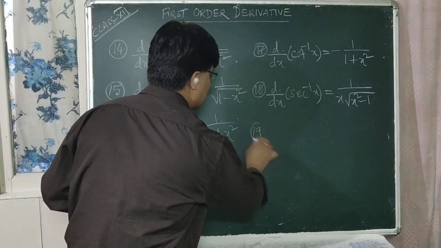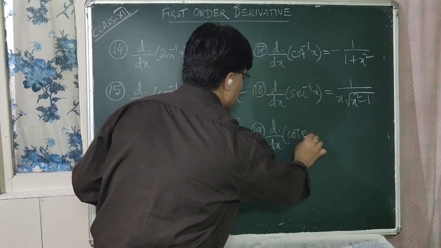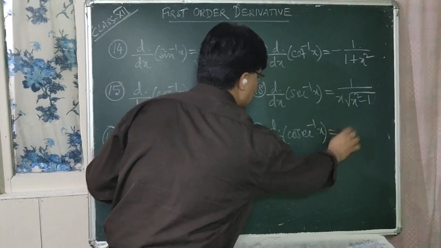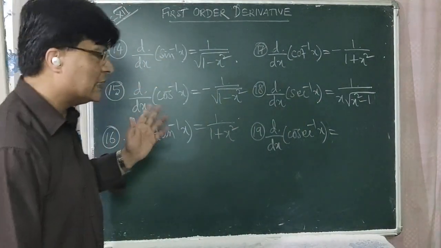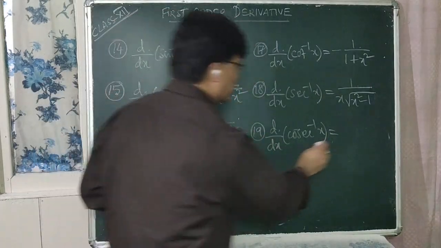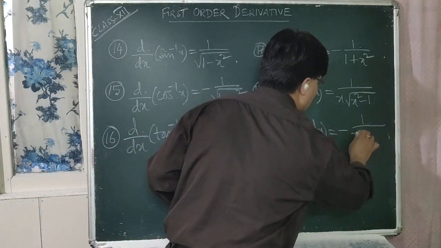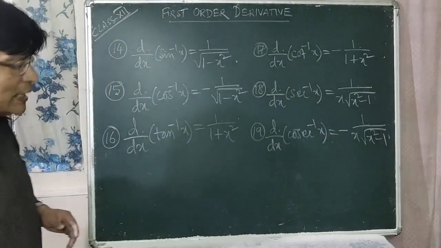So in number 19, dy dx of cosec inverse x is equal to, it is just like your sec inverse x, but it is of opposite sign because it starts from c here. So minus 1 upon x root over x square minus 1, okay?